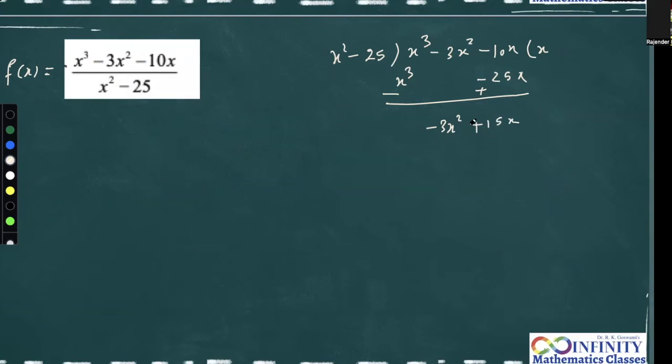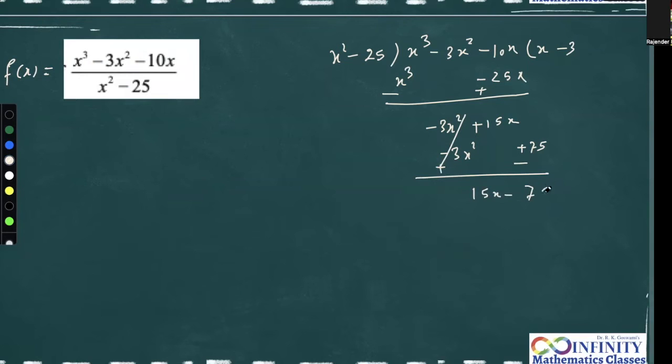Again, try negative 3: it is negative 3x square and then positive 75 after changing the sign. So these two cancel out. You will have 15x minus 75. This is your remainder. Any doubt?